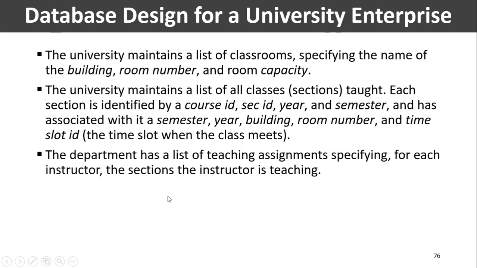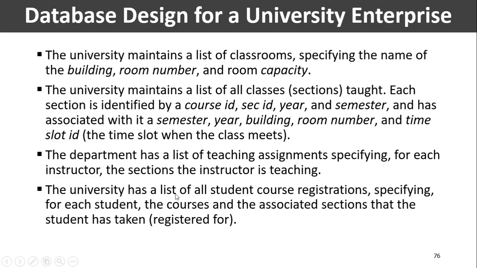Next, the department has a list of teaching assignments specifying for each instructor the sections the instructor is teaching. The university has a list of all student course registrations specifying for each student the courses and the associated sections that the student has taken or registered for. Okay, so this is the information that has been provided.